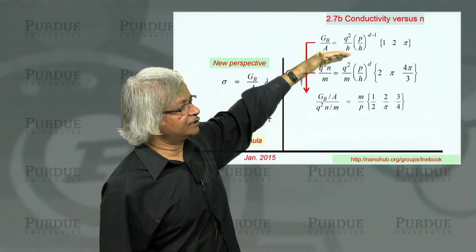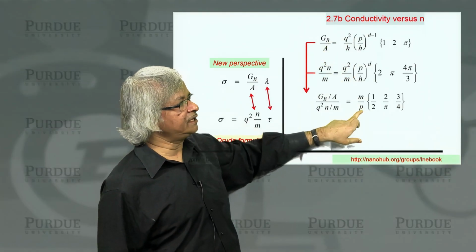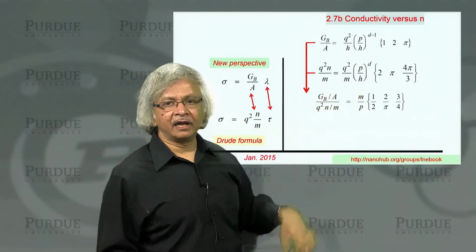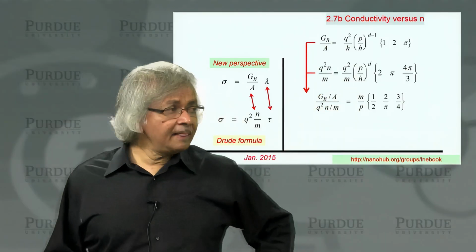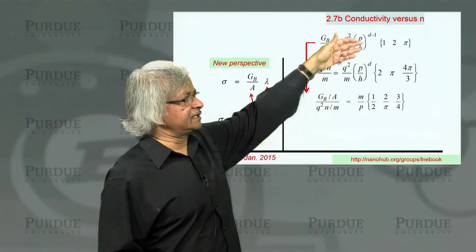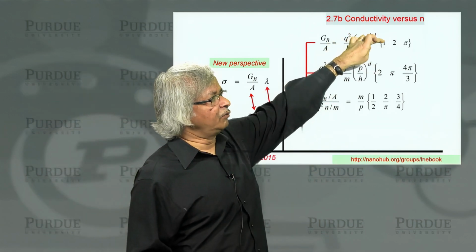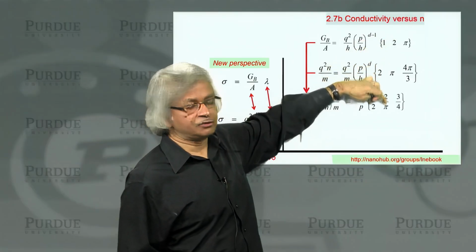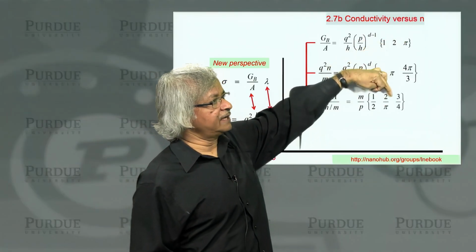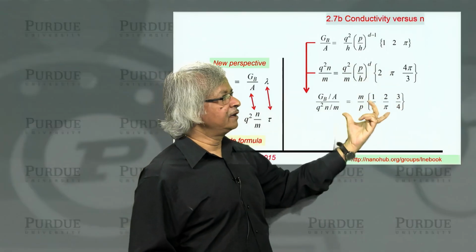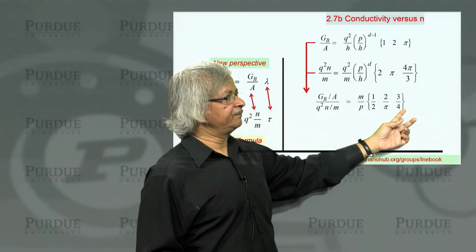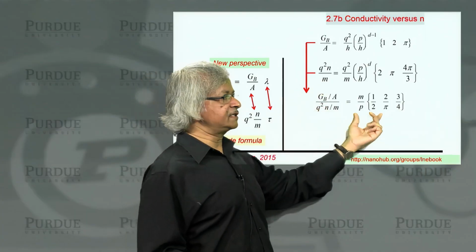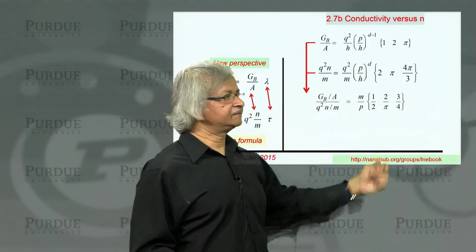So finally what is left is 1 over P and that M. So when you take the ratio, all that is left is M over P. And as far as the dimensional factors are concerned, it's straightforward. 1 divided by 2, that's a half. 2 divided by pi in 2 dimensions, that's 2 over pi. Pi divided by that, that's 3/4. So in 1D, 2D, and 3D. But in every case, the ratio of this quantity to that quantity is this M over P times that.